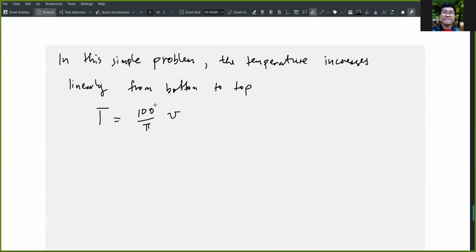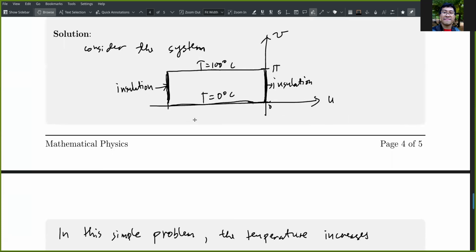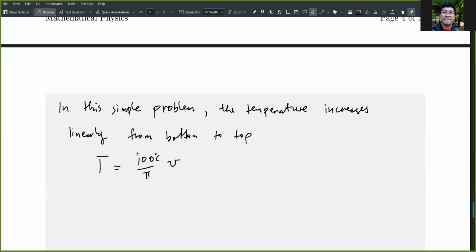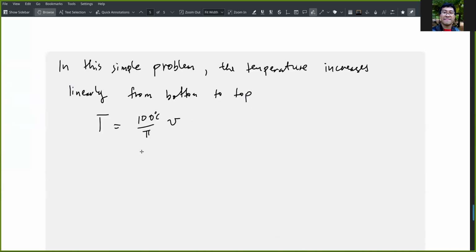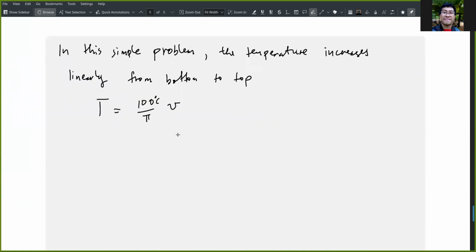This is 100 up to some arbitrary units. Let's say degrees Celsius per distance. So let me just write here 100 degrees Celsius per distance, so that if you multiply v, if v is 0, then the temperature is 0. If v is pi, the temperature is 100 degrees Celsius.